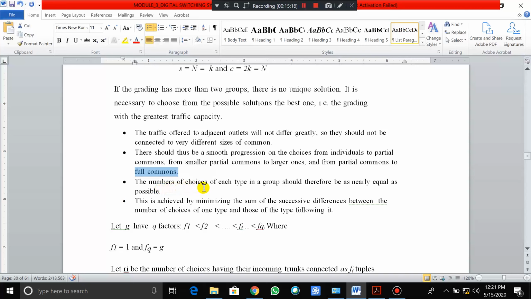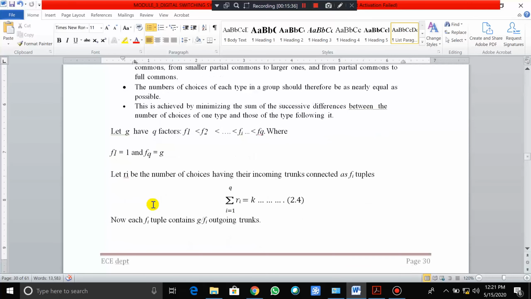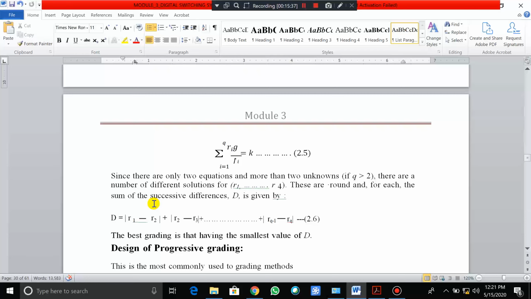The number of choices of each type of group should be as nearly equal as possible, and this is achieved by minimizing the sum of successive differences between the number of choices of one type and those of the following type. So now we have to discuss the mathematical terms and equations.